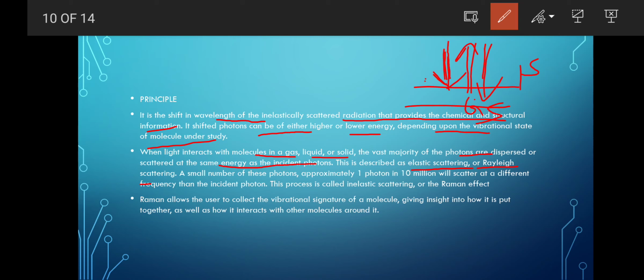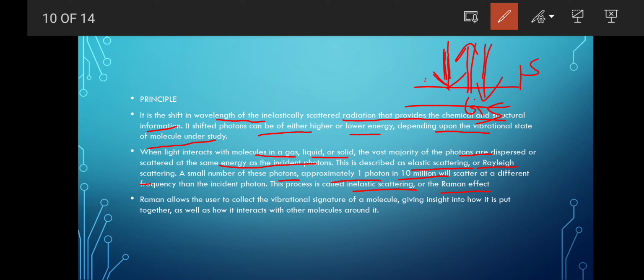Whenever all this gets excited, that is Rayleigh scattering. A small number of photons, approximately one photon in 10 million, will be scattered at a different frequency than the incident photon. This whole process is known as inelastic scattering or the Raman effect.